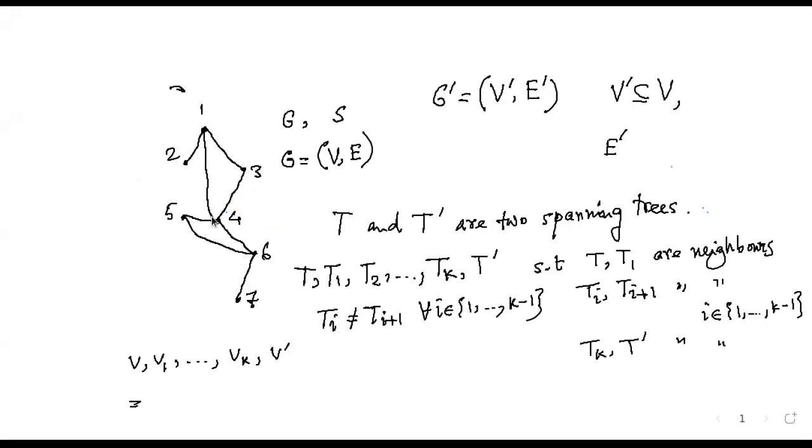Note one thing: vertex 7 is part of every spanning tree. So the graph G prime can just be the vertex 7 without any edges.